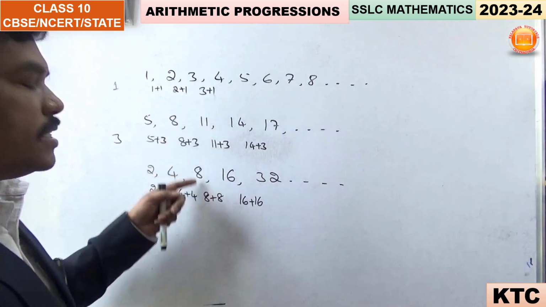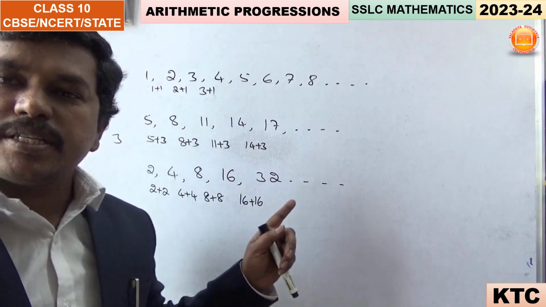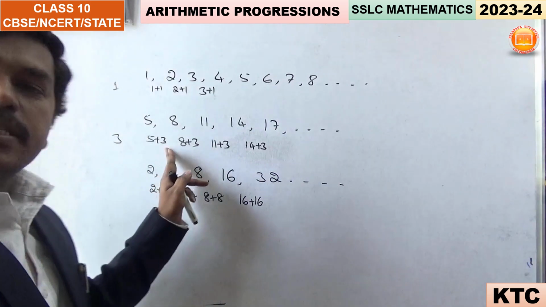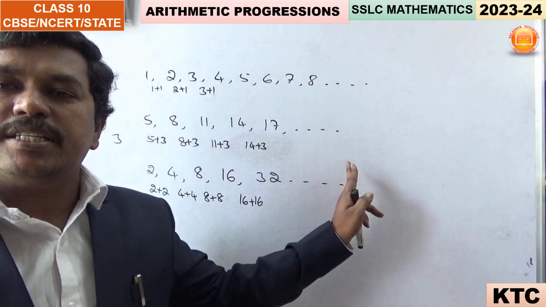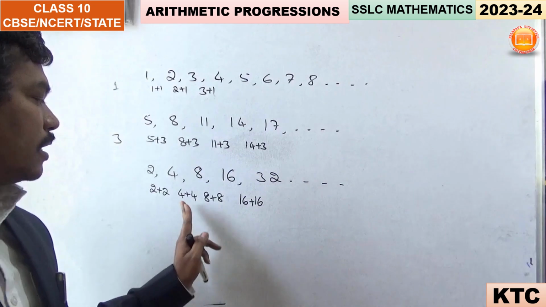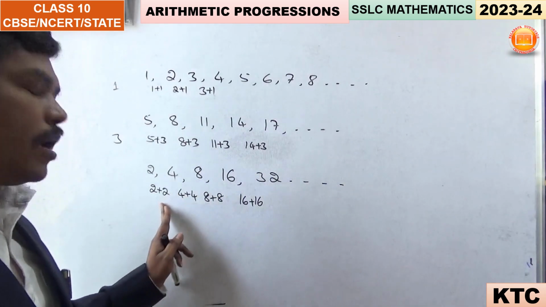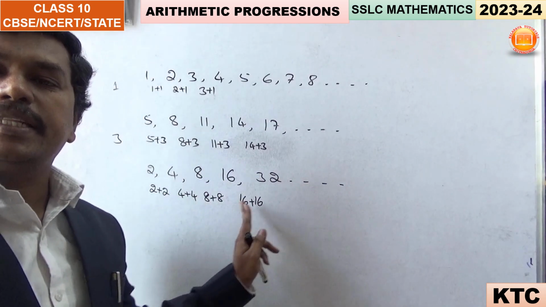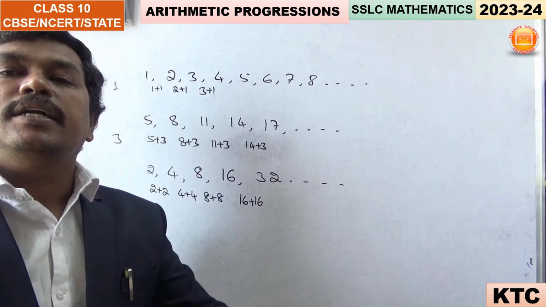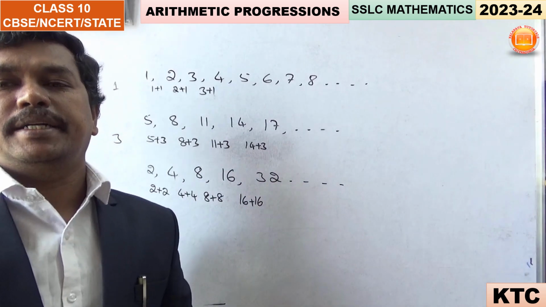But what is the difference here? In the earlier series a fixed number is added, but in this series the numbers added vary. Here we add 2, then 4, then 8, then 16, so different numbers are added.